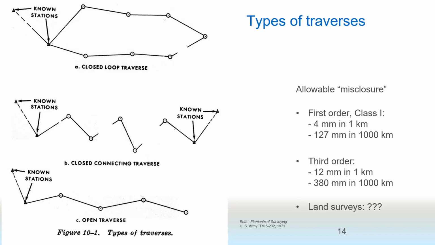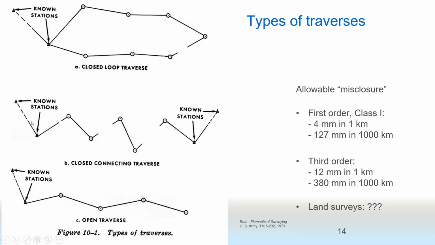Here you can see types of traverses: first class, second class, and third class. This is an example of a closed loop traverse, closed connecting traverse, and open traverse. What does closed connecting traverse mean?